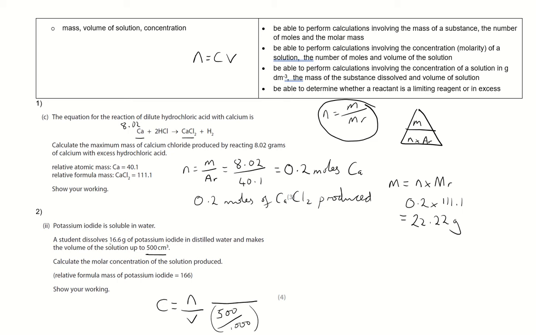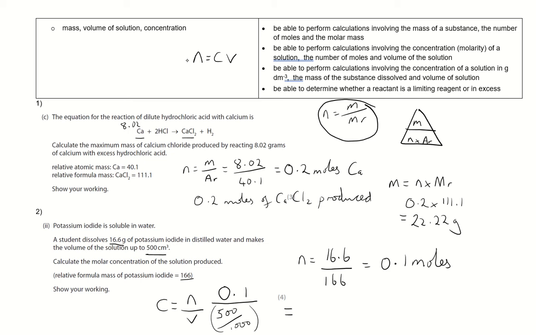But what I do have is I've got mass and I've got the relative formula mass. I can use this equation we were just looking at up there. Mass, molecular mass. So moles equals 16.6 grams divided by 166, 0.1 there for moles.